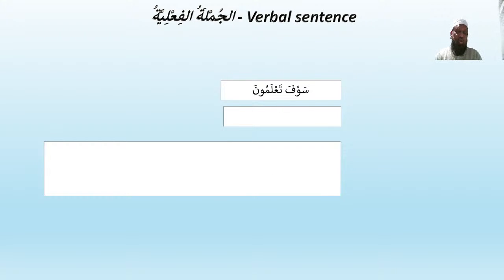Next, سوف تعلمون. We know the صيغة تعلمون, which the ta is telling us is مخاطب, and waw is telling us it is جمع مذكر. تعلمون. سوف تعلمون.